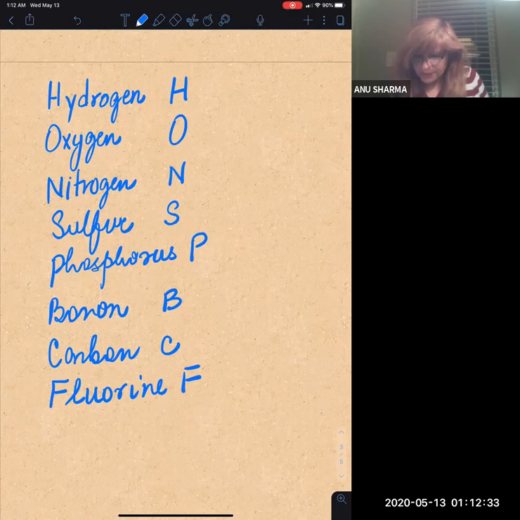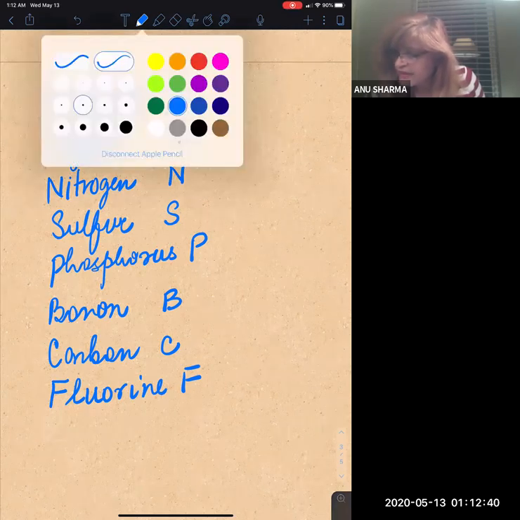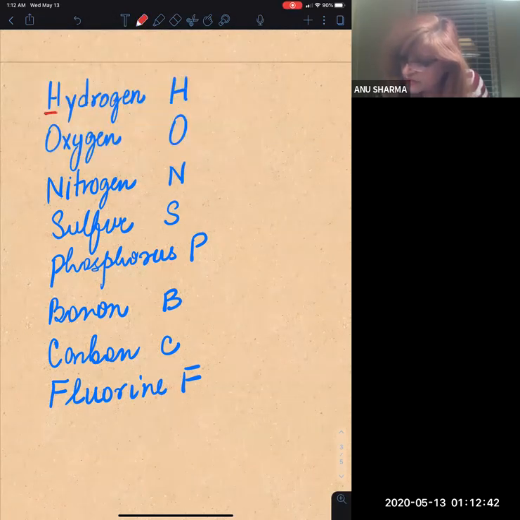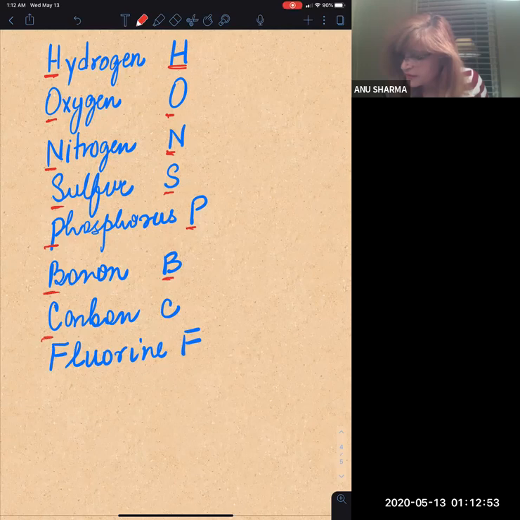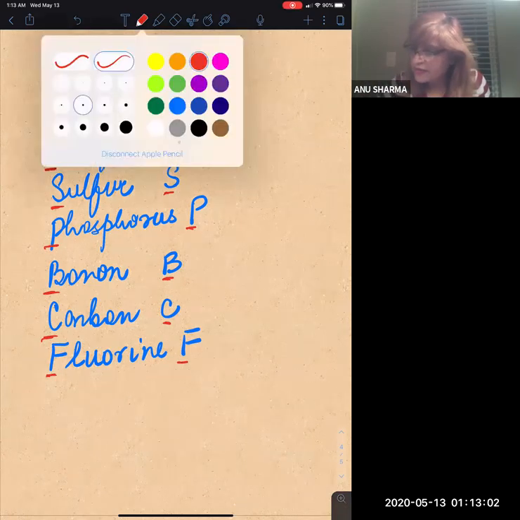We covered potassium on the other side, but that name is different. So these are the simple ones where the first letter matches the symbol: hydrogen, H; oxygen, O; nitrogen, N; sulfur, S; phosphorus, P; boron, B; carbon, C; fluorine, F. The first letter becomes their symbol.